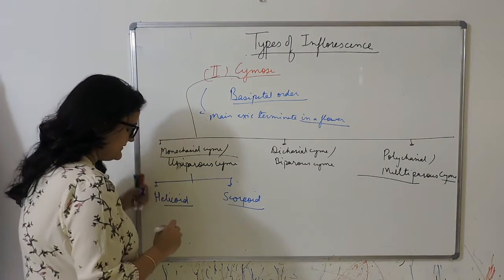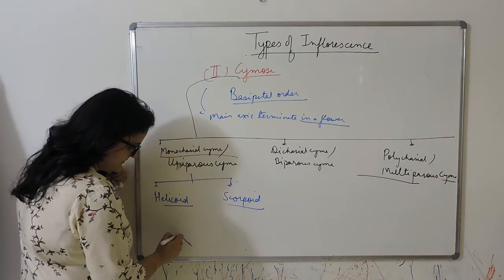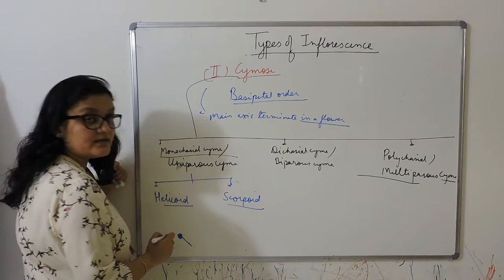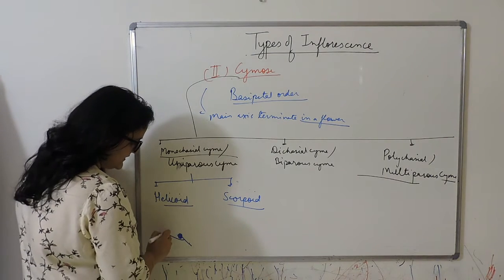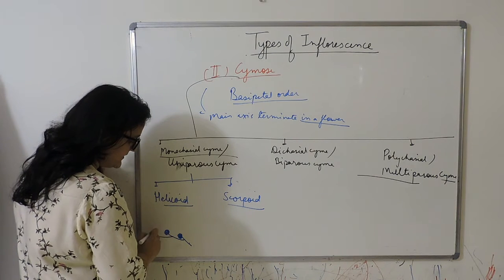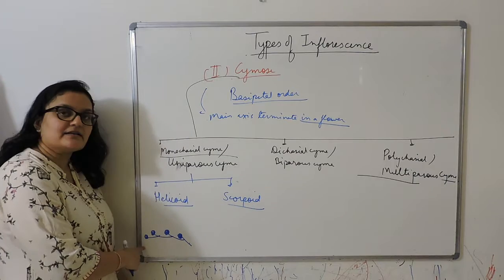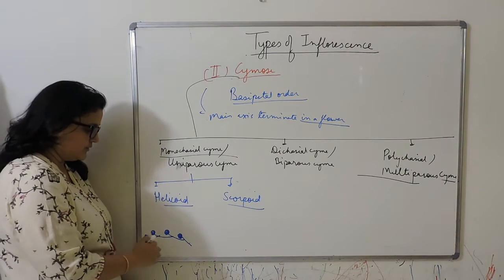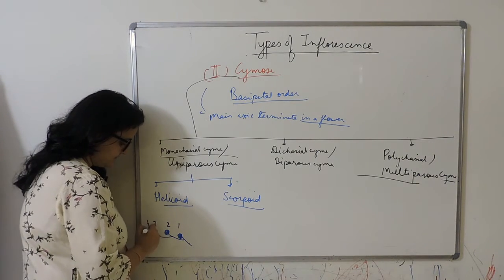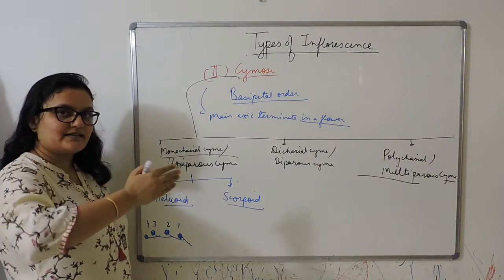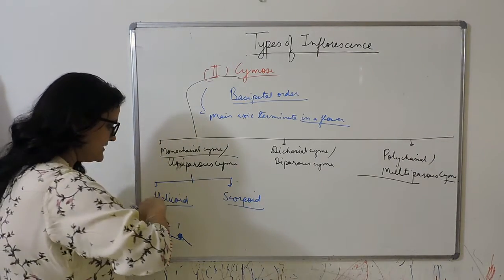In helicoid cyme, the main branch terminates into the flower, then lateral branches form from one side only. So they give the appearance of a helix.